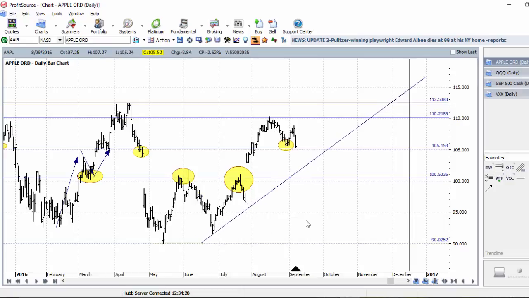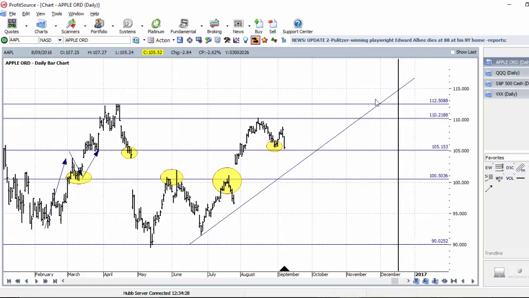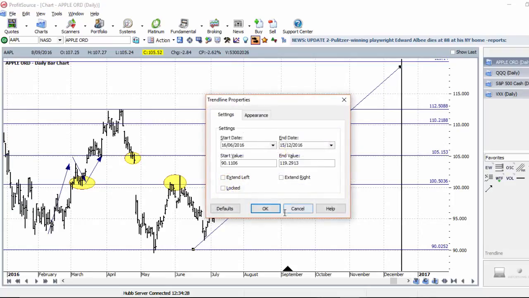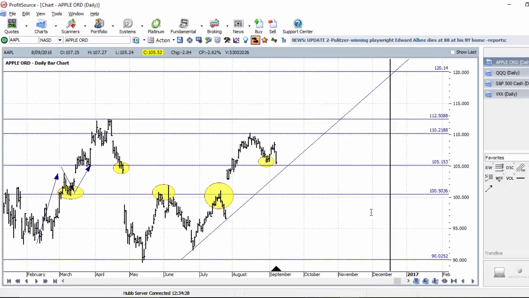You want to try and connect at least two recent moves. So I might move this in a bit, just so that it's in alignment with the way the stock has moved. Now I feel that's probably a bit too steep. Okay, I'll extend that out to the right. That's suggesting that by this timeline we're going to be around this 120 level.